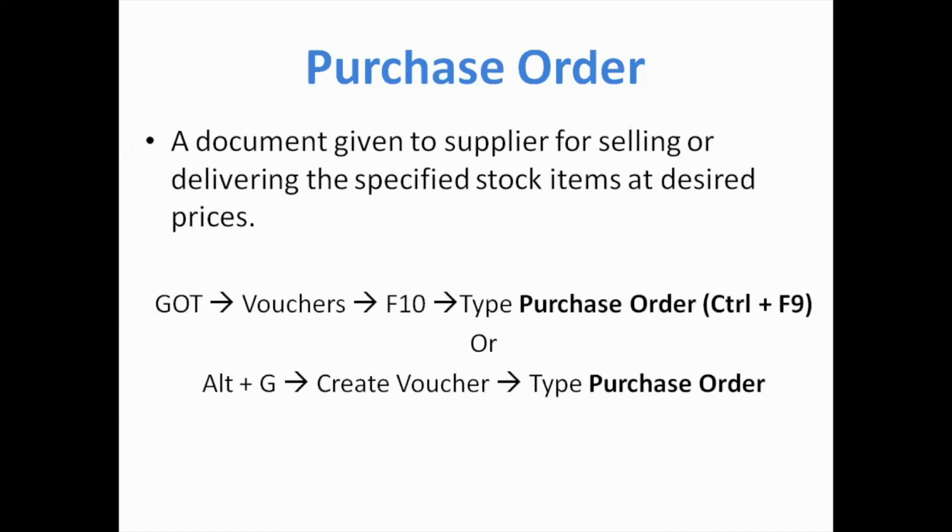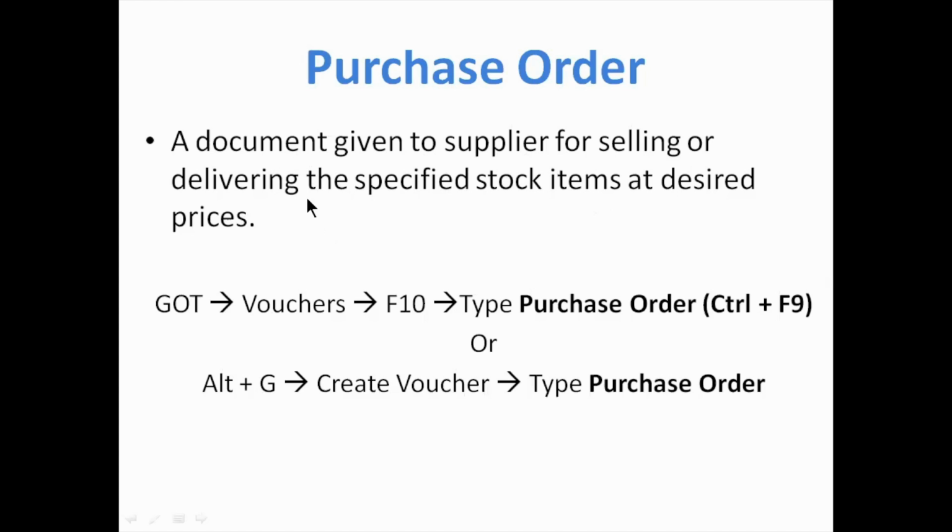So the first step is the purchase order. So what is a purchase order? A purchase order is the document given to the supplier for selling or delivering the specified stock items at desired prices. After collecting different quotations and comparing them, we have decided to place a purchase order with one of the suppliers.